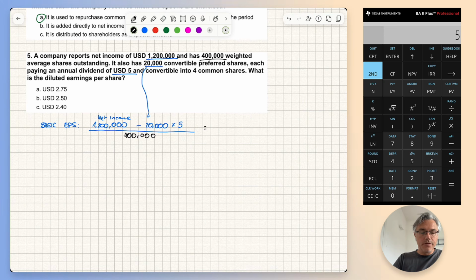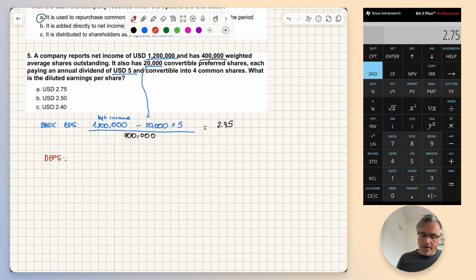Okay, and we divide that by 400,000 equals 2.75. So that is my basic earnings per share. Okay, it's only the basic earnings per share figure. It's not the answer yet, although in the end it might end up being the answer. It all depends on what we get for diluted earnings per share.